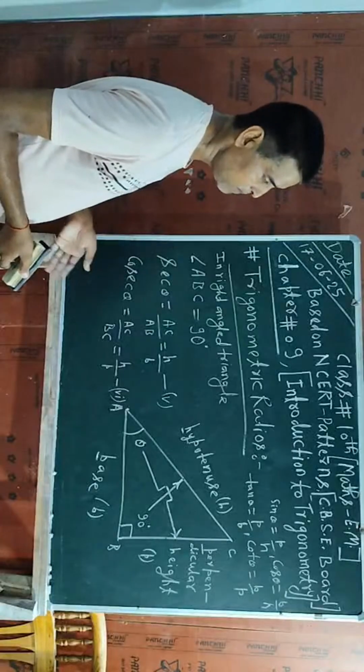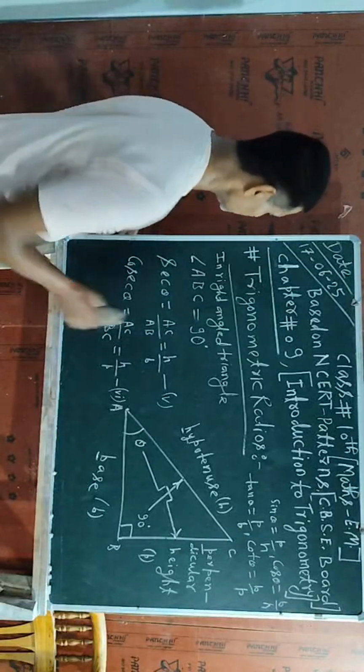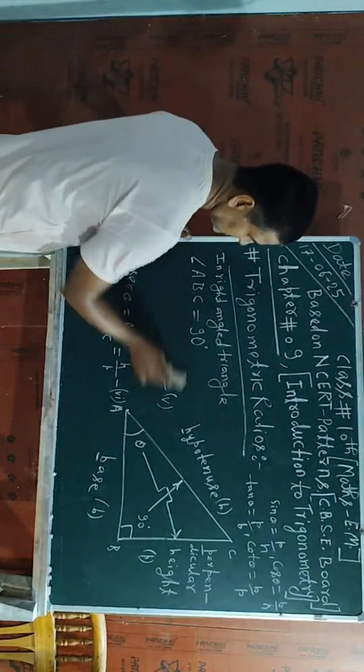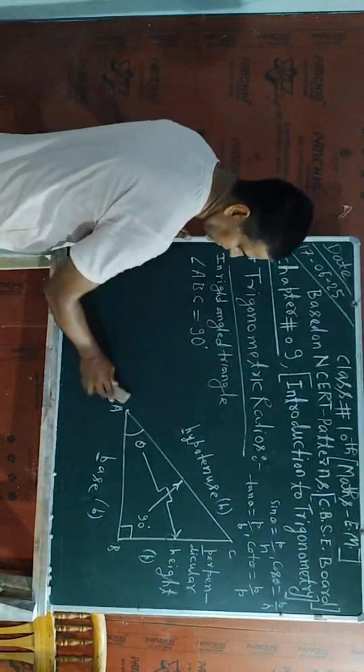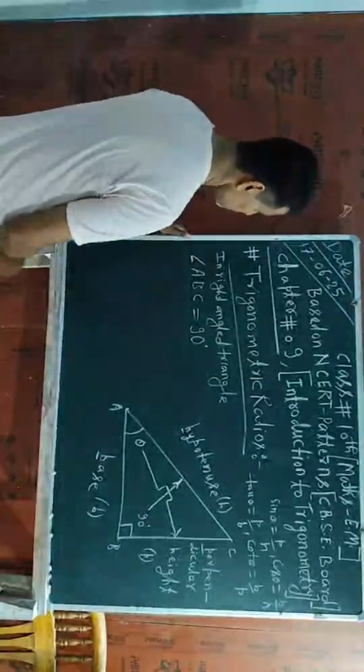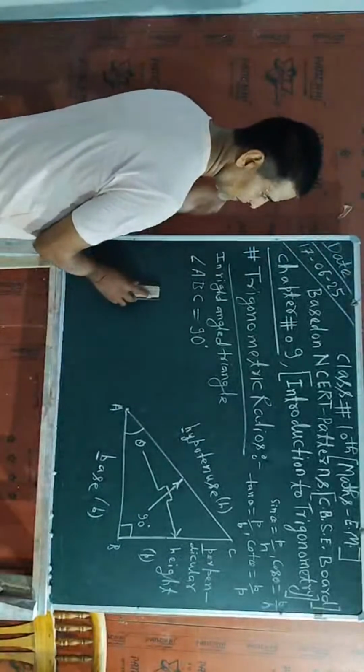Now I am going to explain Pythagoras theorem in the right angle triangle. So I will erase this information, and after erasing I will explain the concept of Pythagoras theorem.